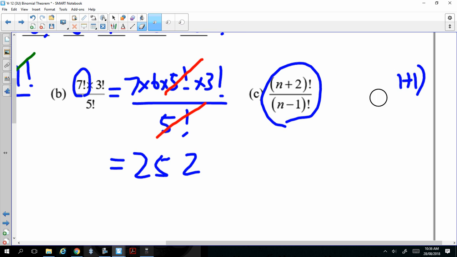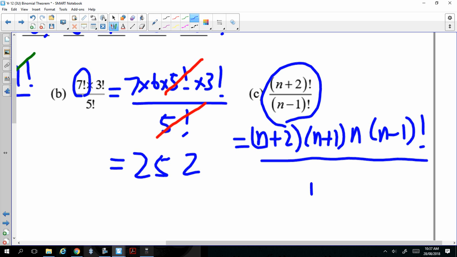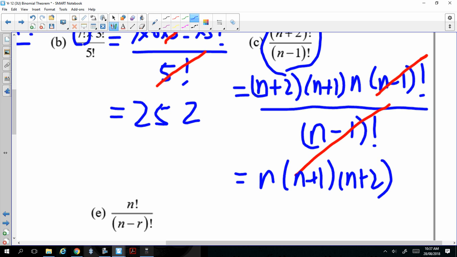So I'll write it here: n plus 2, n plus 1, and then n, and then n minus 1 factorial. So that I could cancel with the factorial at the bottom. That cancels, so you end up with n plus 1, n plus 2. You don't need to expand. I think it's better to leave it factorized.